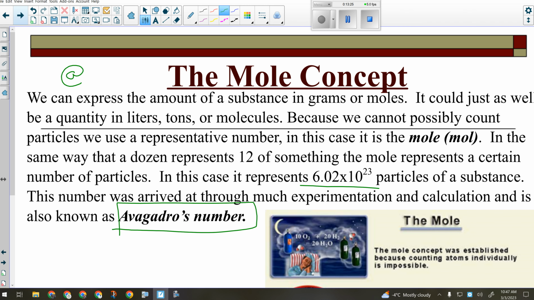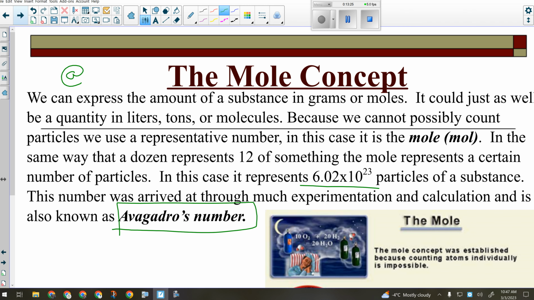Okay, so let's look at water as an example. A molecule of water contains 2 hydrogen atoms and 1 oxygen atom. Agreed? According to my periodic table, the molar mass of hydrogen is 1.01. How many hydrogen atoms do I have? 2.